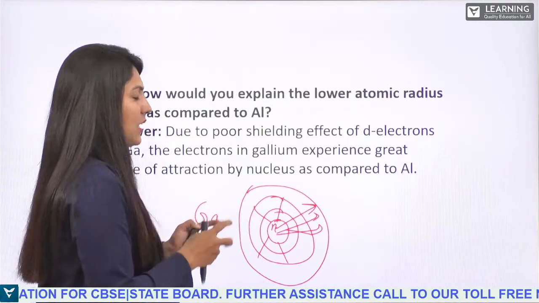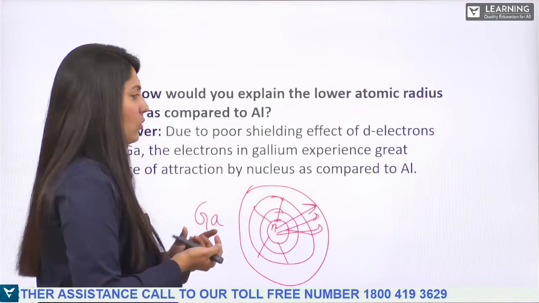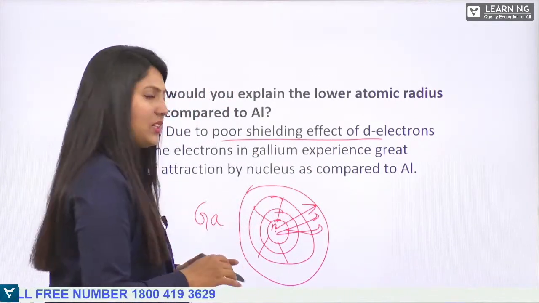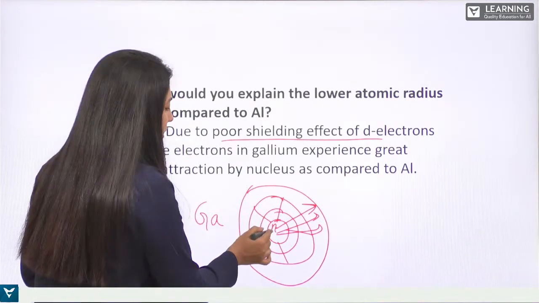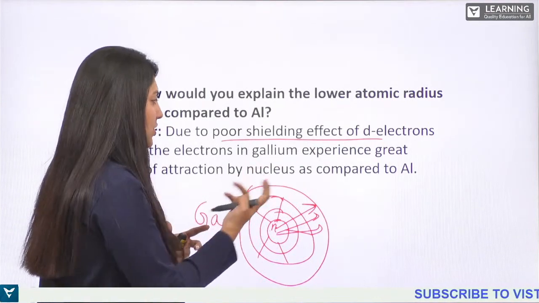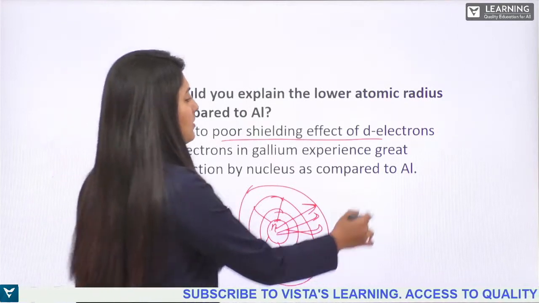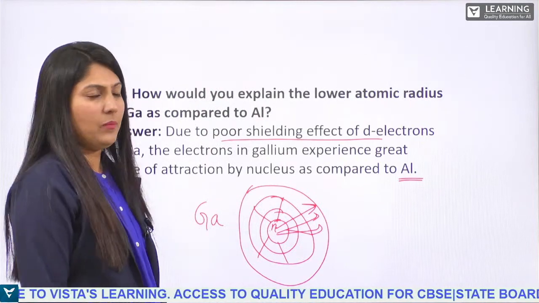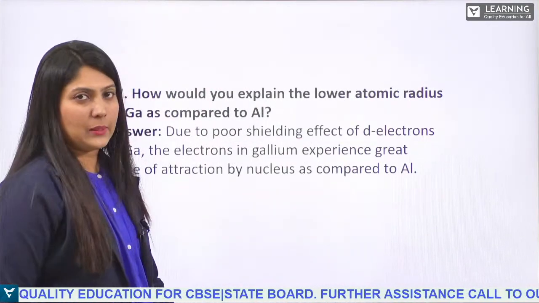In gallium, the electrons present in the d orbital are not sufficiently shielding. Since they are not shielding, the nucleus can attract the outermost orbit easily. Due to the attraction, the size decreases, but there is no such poor shielding for aluminium, so it has a larger radius than that of gallium.